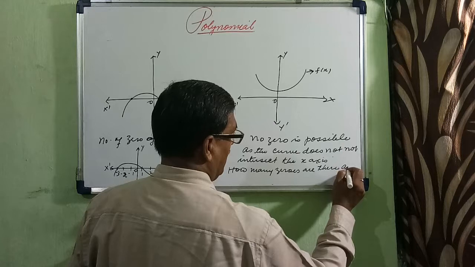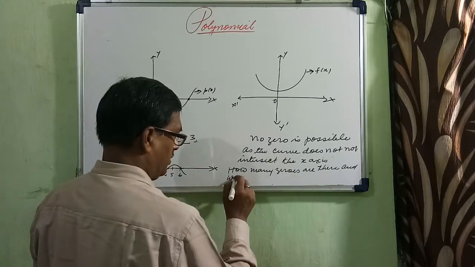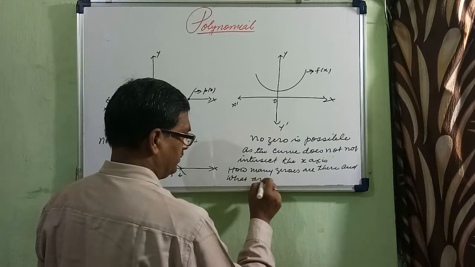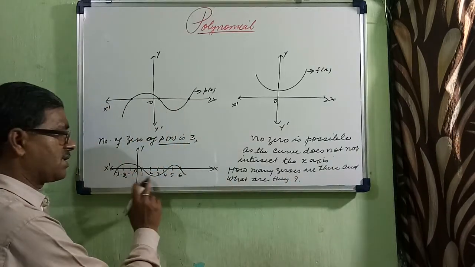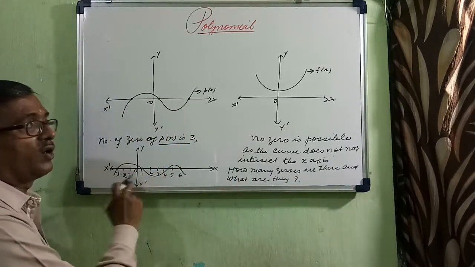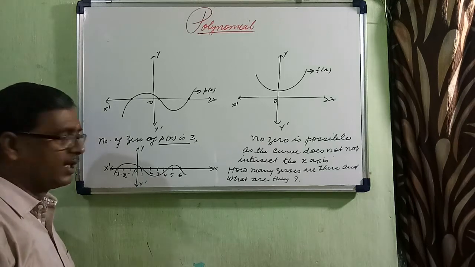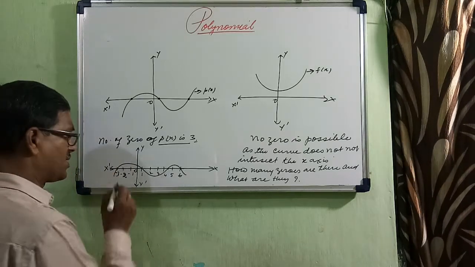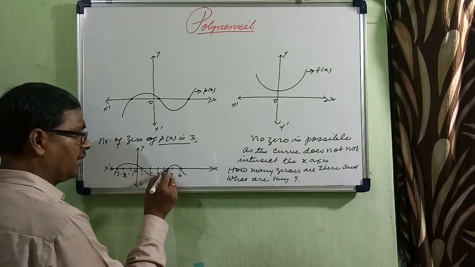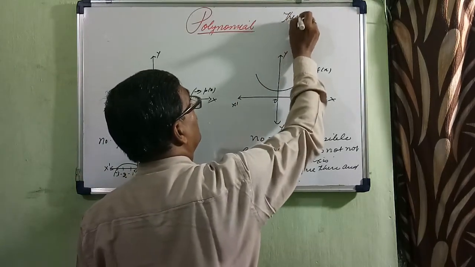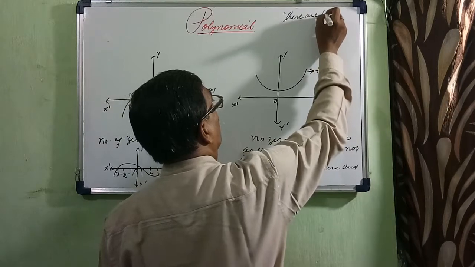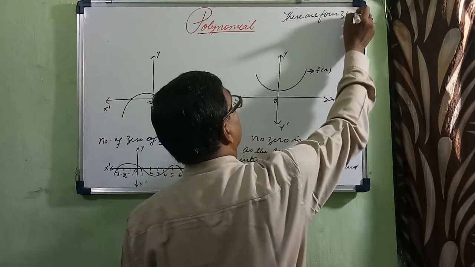You can easily find out both of the answers in this case because the scale is given on the x-axis. So how many zeros are there first? 1, 2, 3, 4. So there are 4 zeros.